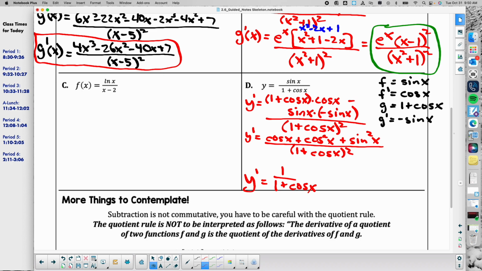Cosine squared plus sine squared is what you're supposed to recognize as 1. So then your numerator is cosine plus 1, which happens to be the factor on the bottom. So you would cancel one factor from the top and the bottom, and get this.